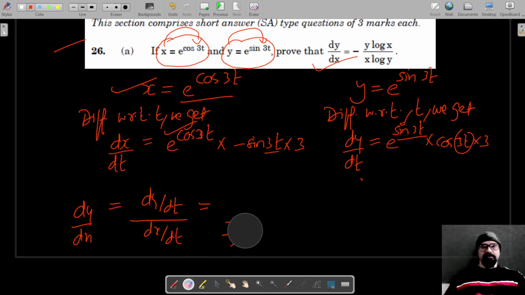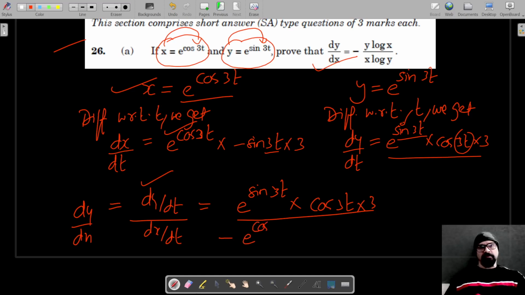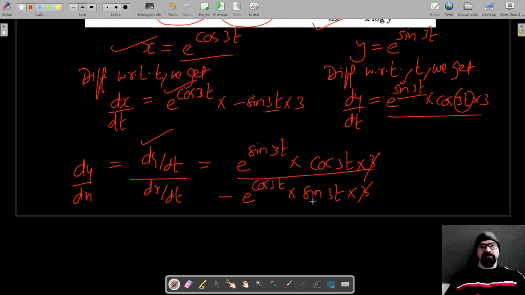Actually, I have jumbled it. So dy by dt is e raised to the power sine of 3t into cos of 3t into 3, divided by negative e raised to the power cos of 3t into sine of 3t into 3. The 3 and 3 get cancelled.